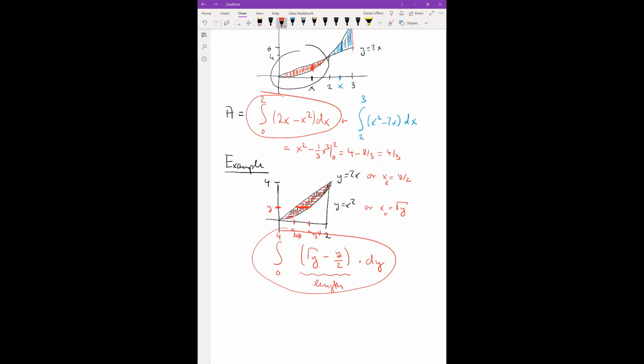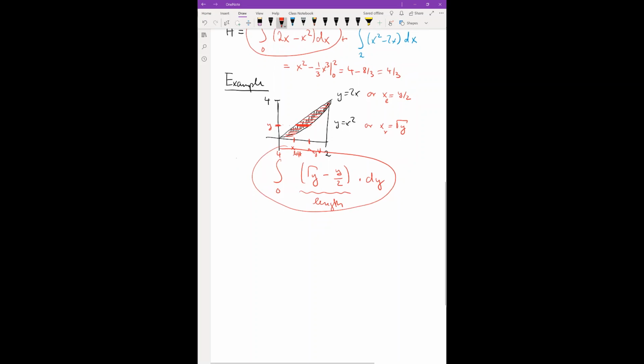And this thing here is the same as y to the 1/2 becomes y to the 3/2 times 2/3, and minus y over 2 becomes minus y squared over 4, where we plug in 0 and 4.